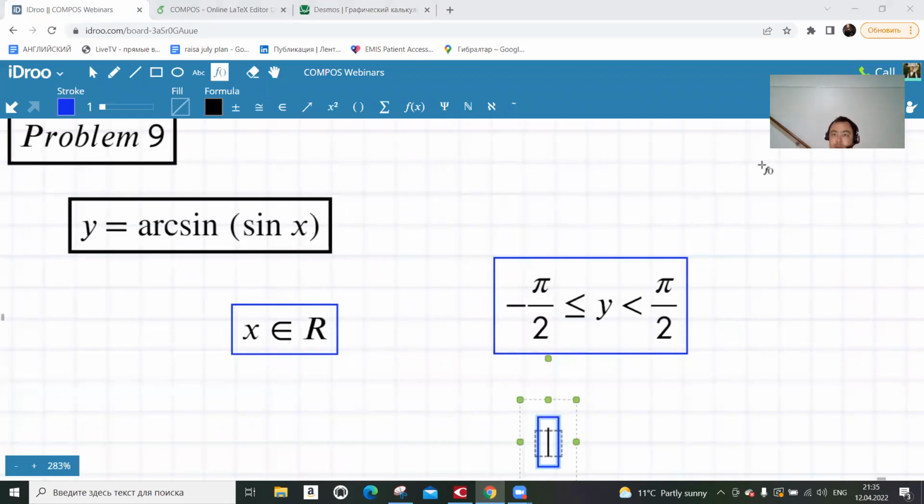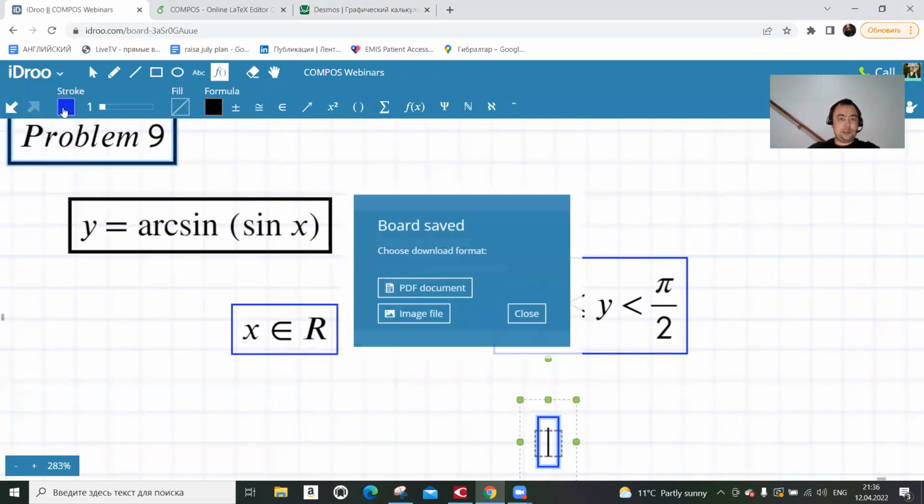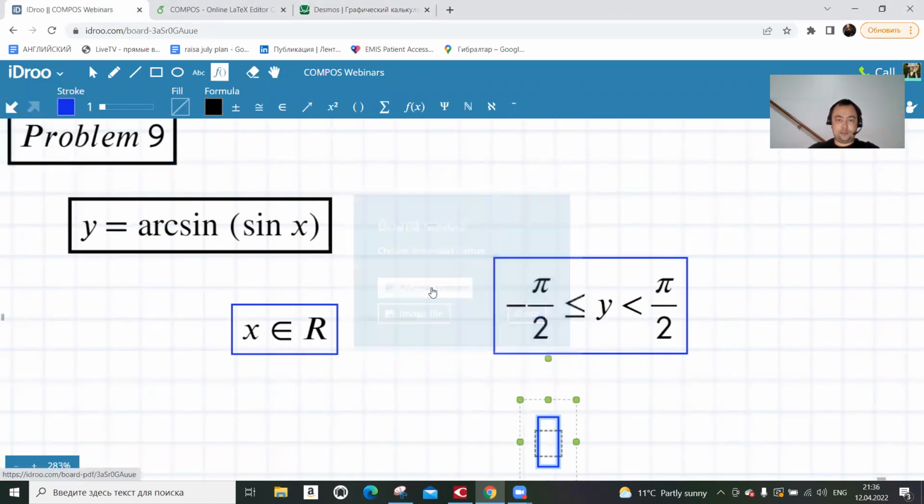Can you please make a PDF of the whole board? I guess so. Let's see if I can do save as. I guess it will make a PDF. Okay, so that's it.